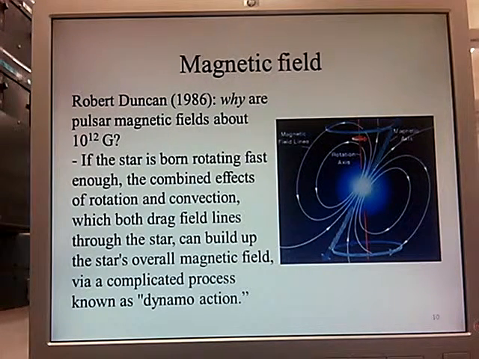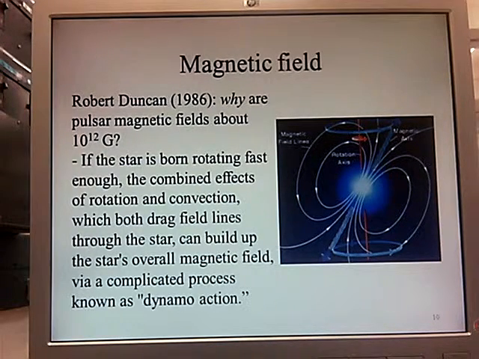And in particular, the idea is, well, if this guy is born rotating quickly and it's a superfluid, then rotation of the star as a whole and any convective bubbles will also drag these field lines. Right? And there'll be moving charges creating their own field lines, but also dragging any remnant fossil field lines along. And that will very much ramp up the star's magnetic field.